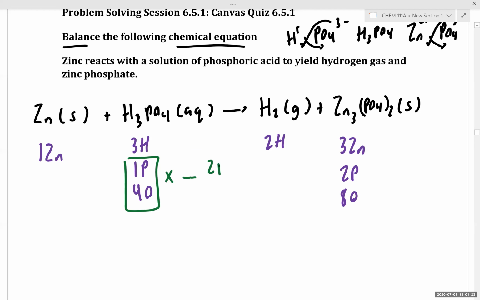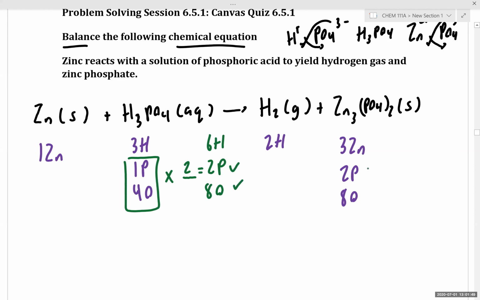So 1 times what would give us 2 phosphorus atoms? What coefficient do we need for phosphoric acid? 2, yep. So we now have 6 hydrogens, 2 phosphorus atoms, and 8 oxygen atoms.